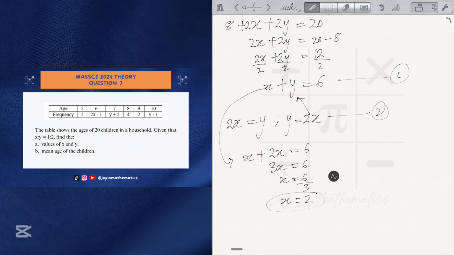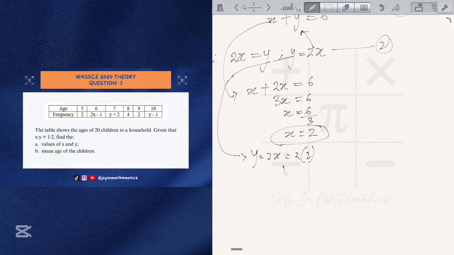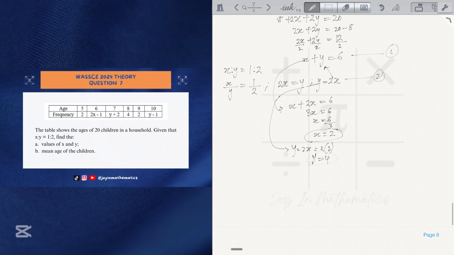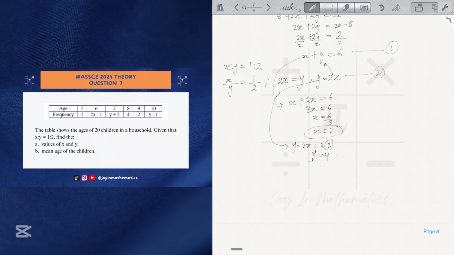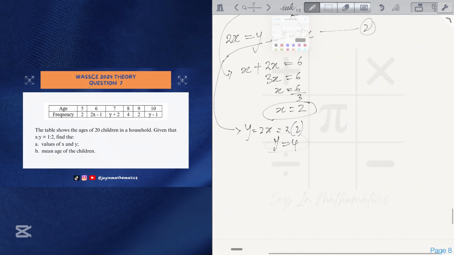So if x is equals to 2, we now use our equation 2 that says y is equals to 2x. Wherever we see x, we put the value of 2. So with this, we have y to be equals to 4. So we have solved the first part of the question that says we should find the value of x and y. So writing in red, x is equals to 2 and y is equals to 4.